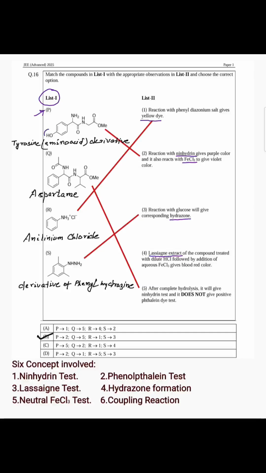If an OH group is involved, this will be a phenolic group, and then the neutral FeCl3 test will be given, due to this particular OH. And moreover, there is NH2 also, and due to this NH2 you will get the ninhydrin test as well. Now we are going to study all the 6 concepts involved one by one.